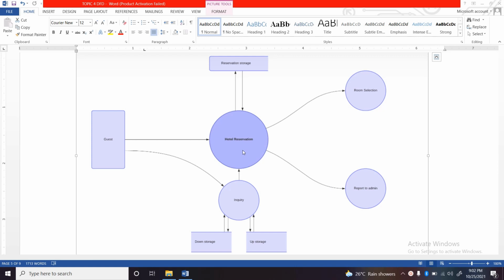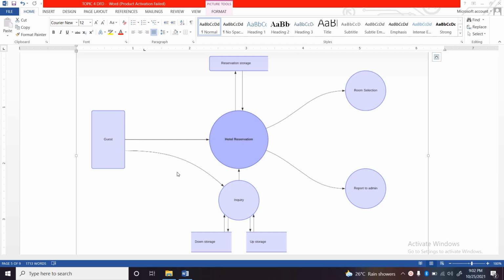And then, as you can see, it is linked to the different data stores, which are the reservation storage, the down storage, and the up storage. And we only have one entity, which is the guest. Okay, so that is for the level 1 data flow diagram.